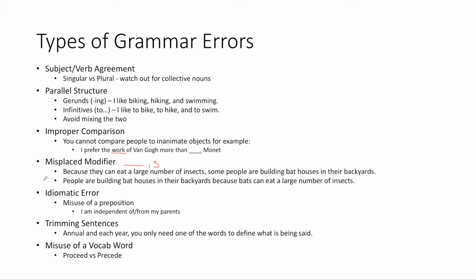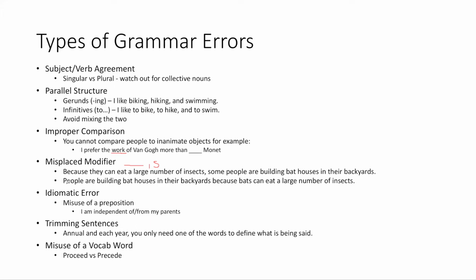Now look, I know some places around the world that we enjoy an insect or two, but I think what they're implying is that the bats are eating the insects, not the people. So this is saying that the people are eating the insects and it really should be the bats. So we have to fix it.